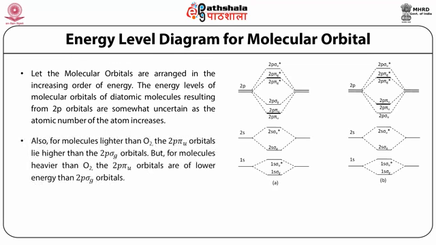Also, for molecules lighter than oxygen, the 2p pi u orbitals lie higher than the 2p sigma g orbitals, but for molecules heavier than oxygen, the 2p pi u orbitals are of lower energy than the 2p sigma g orbitals.